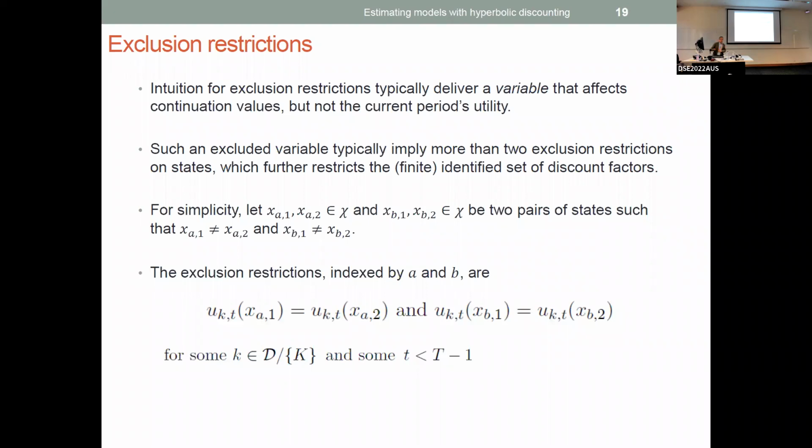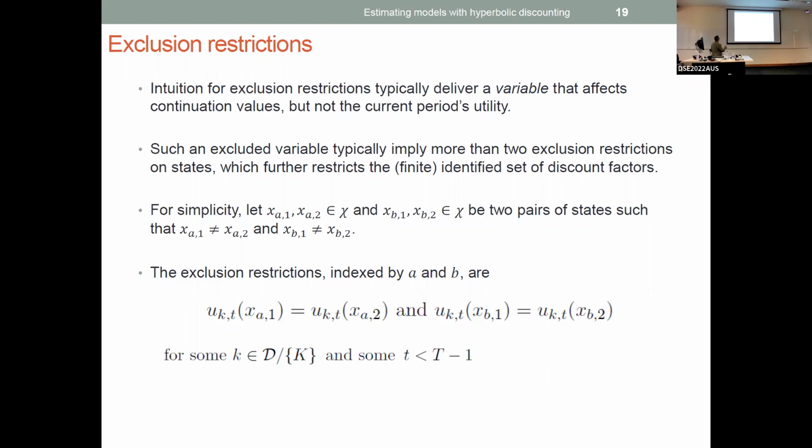The approach to exclusion restrictions has also been evolving over time. As the papers are being developed, we move from higher level conditions to lower level conditions that are more interpretable by the modeler. So we'll just stick to that trend.